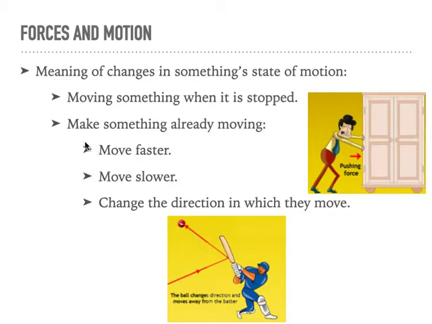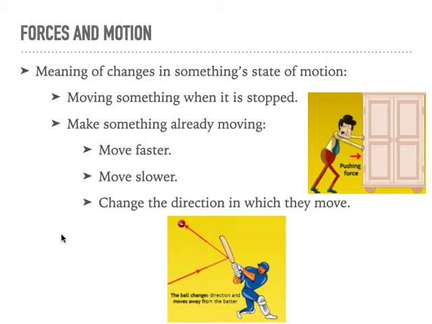And if something is already moving, changing the state of motion is making it move faster or slower, or changing the direction in which it moves. Like for example here, when we hit the ball, we are going to change the direction because it was coming this way, and after the hit it is going that way. So here we are changing the direction in which it moves.